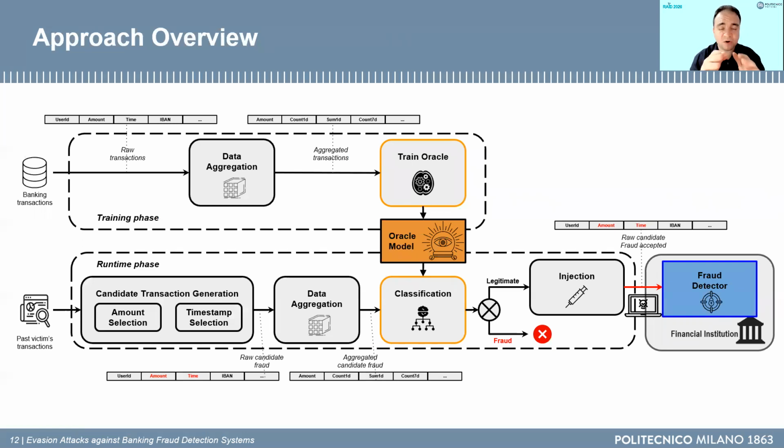Clearly, the Oracle is not 100% accurate, and its performance depends on the degree of attacker's knowledge explained before. Our approach, as shown in the diagram in the slide, is composed of two phases: a training phase in which we train the Oracle, and a runtime phase in which we generate the evasive transactions.